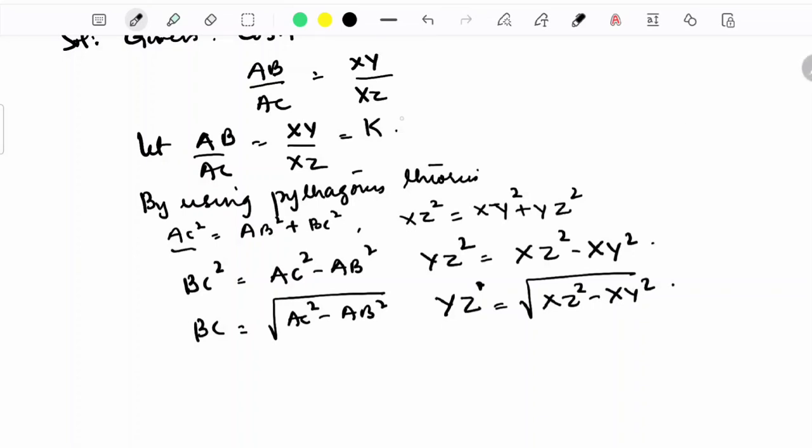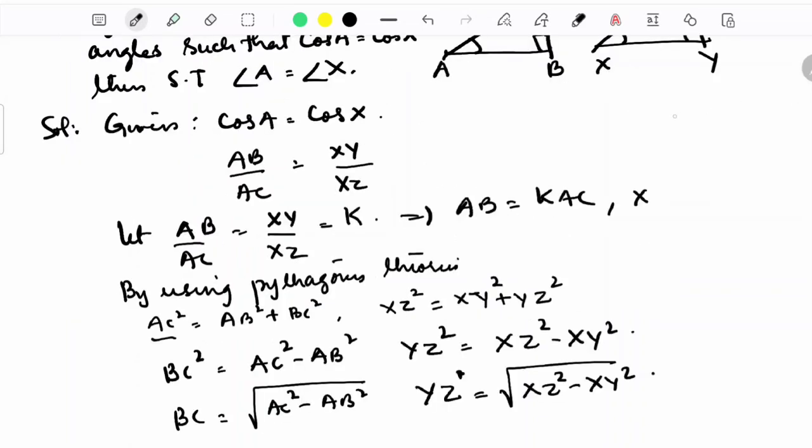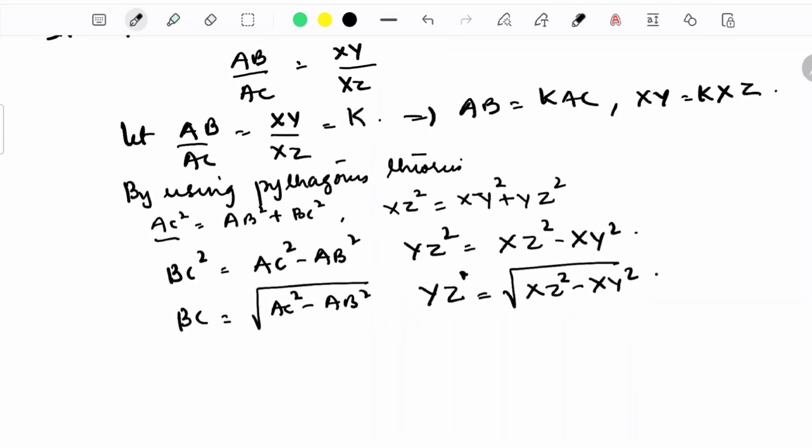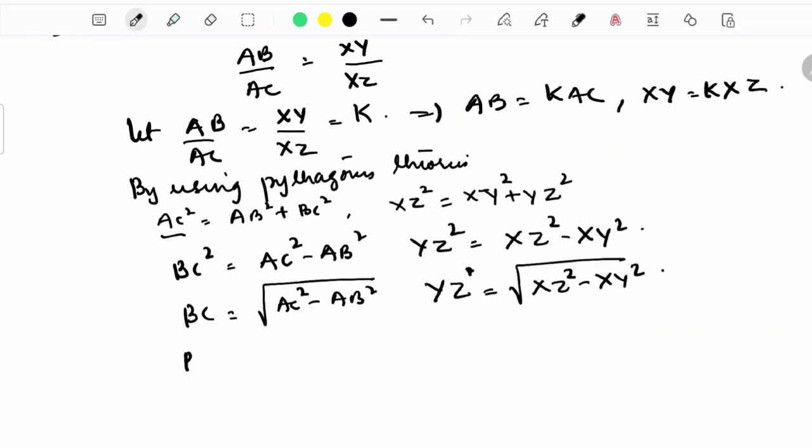Now from this one, AB will be equal to k AC, and XY will be equal to k into XZ.